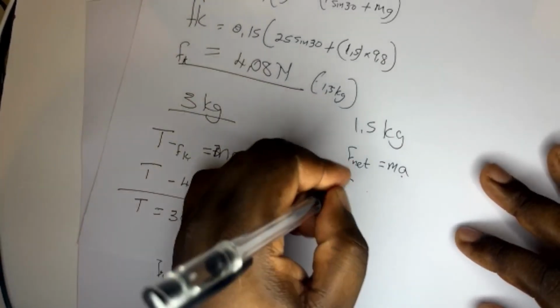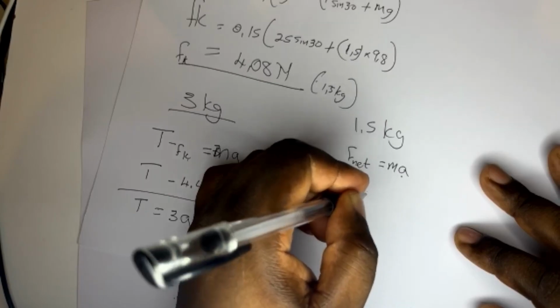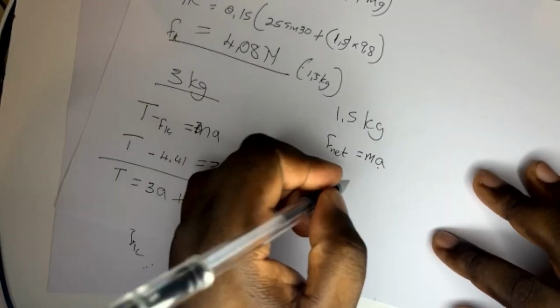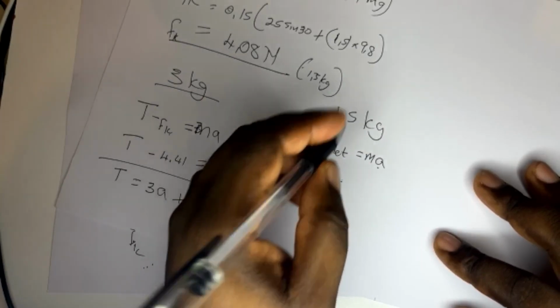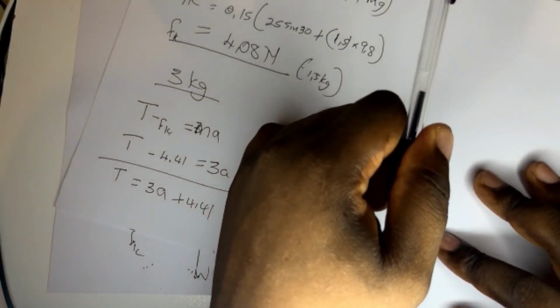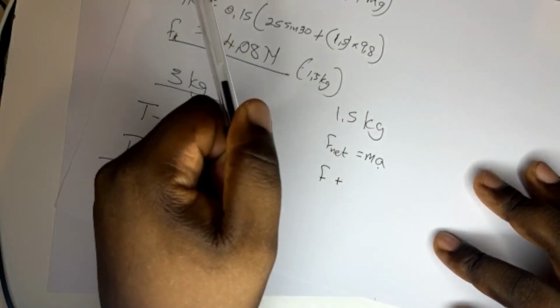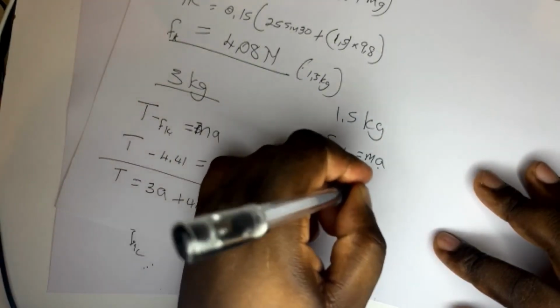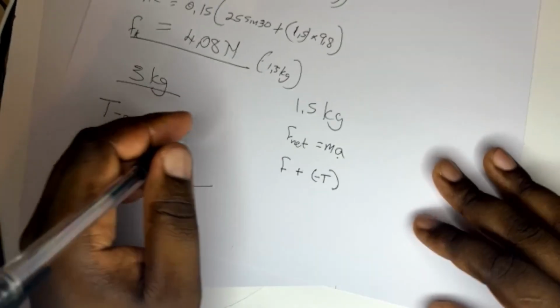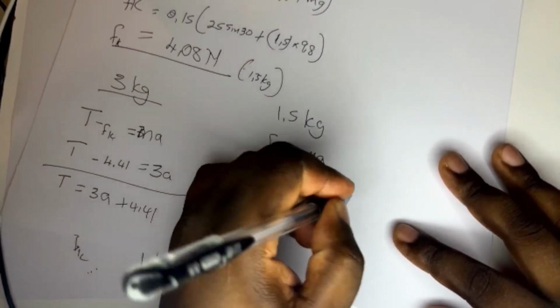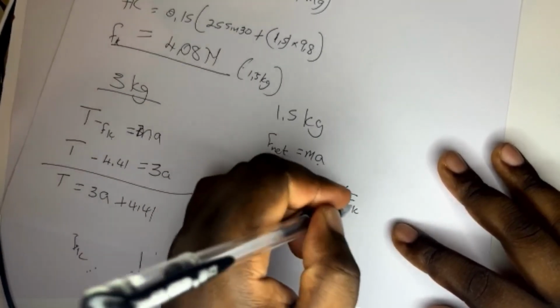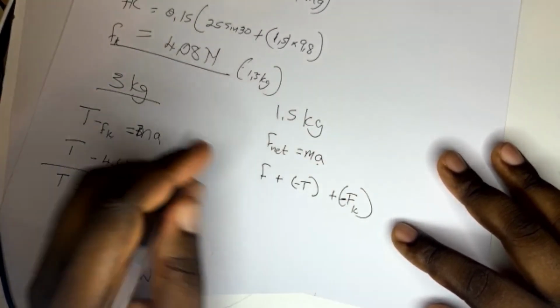So I will have our force plus tension. Tension, remember, is more like a friction acting on this one, because it goes in the opposite direction of the applied force, so it's going to be negative. Don't ask me how, because I just explained. And then also the kinetic friction, which is also in the opposite direction.